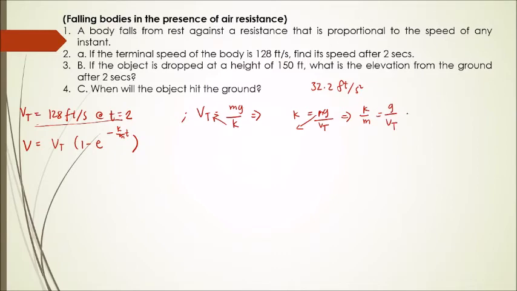Don't we have vt and g? So what is g? 32.2. Then we have vt, which is 128.